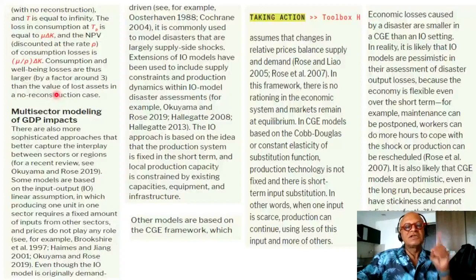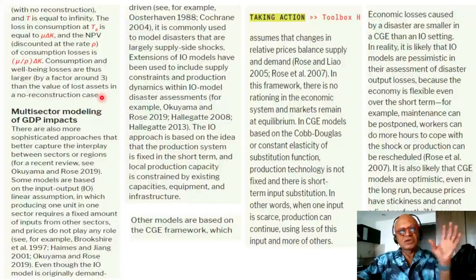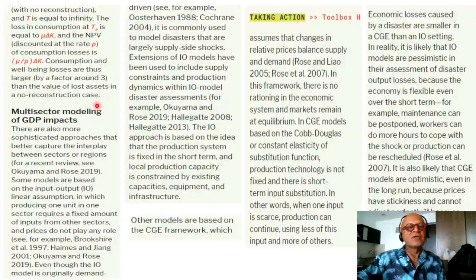Well-being losses, it's not just consumption. So they are 3 times larger than the value of lost assets in a no reconstruction case. So obviously these simple relations can be used to make decisions on reconstruction time, allocation of consumption towards reconstruction, and so on. Multi-sector modeling of GDP impacts.